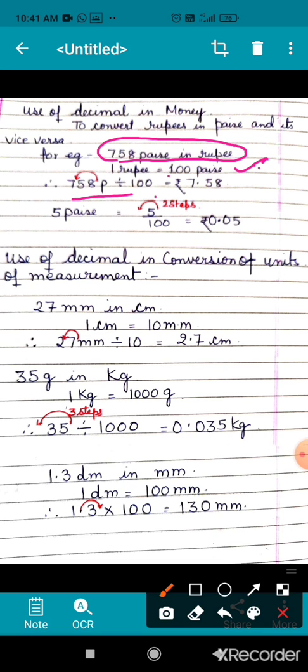Children, as 100 has two zeros, in division the decimal will shift towards the left side. In 758, there is no decimal number, so we assume that the decimal is present hidden at the extreme right place.